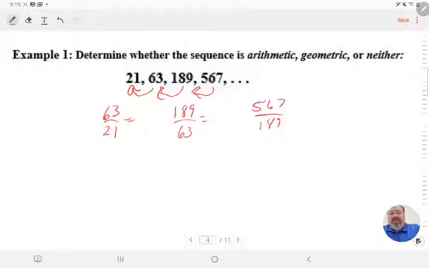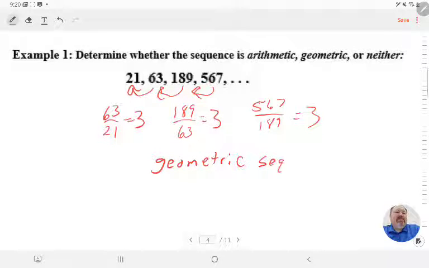And so 63 divided by 21 is going to give me 3. 189 divided by 63 is going to give me 3. And 567 divided by 189 is going to give me 3. So the ratios are all constant. So this would be a geometric sequence.